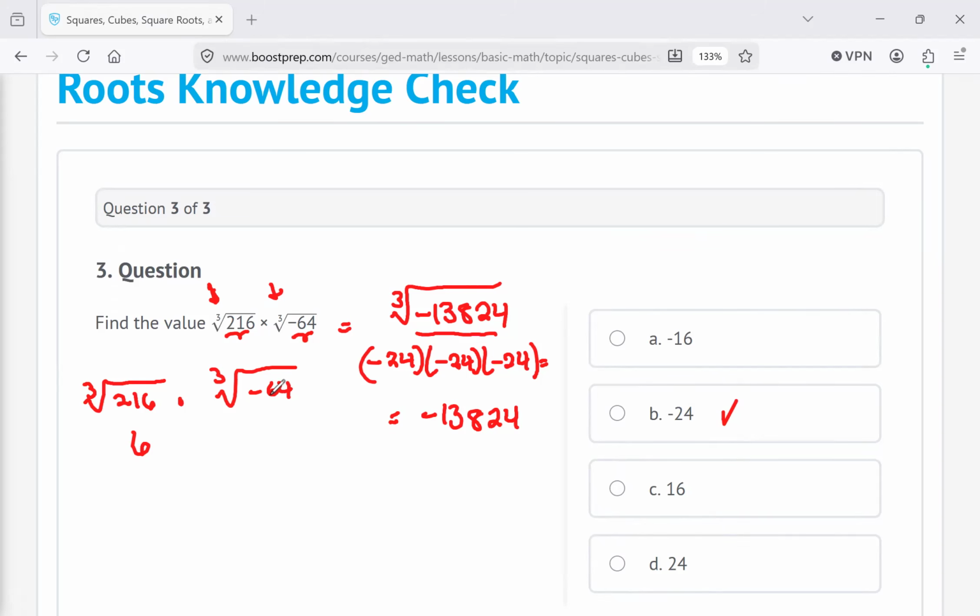I think it would be 8 or negative 8. Let me double check: negative 8 times negative 8 times negative 8 is too big. What about negative 4? Negative 4 times negative 4 times negative 4 is negative 64. Yes. So this would be negative 4. And what's 6 times negative 4? That is negative 24. So yes, it's B.